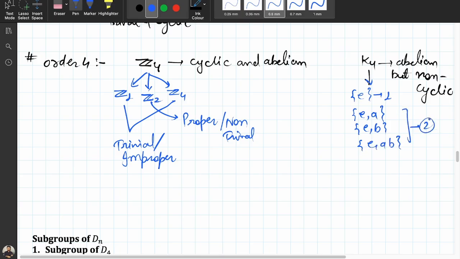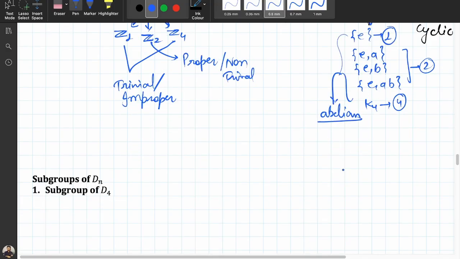These are order 2 subgroups. And the order 4 subgroup is K4 itself. So all are non-cyclic, all are abelian.